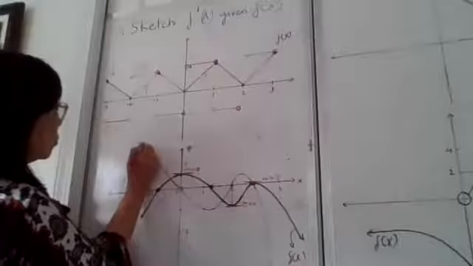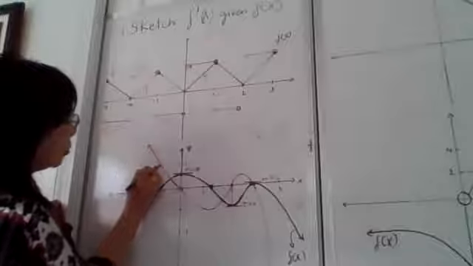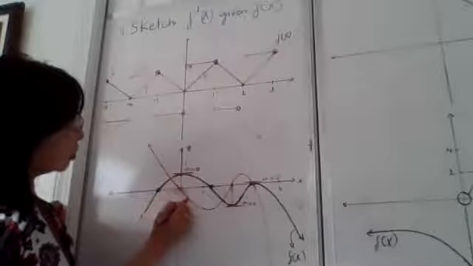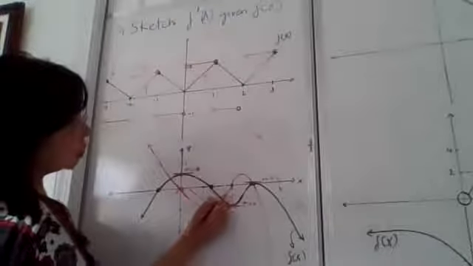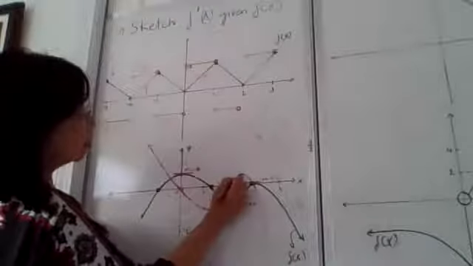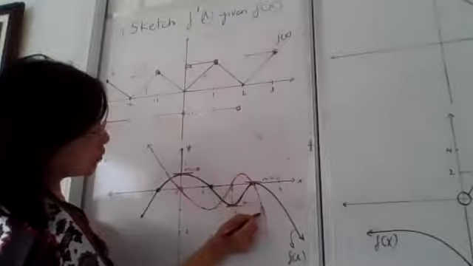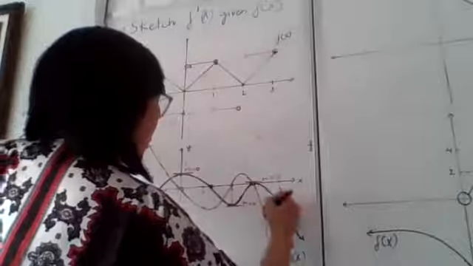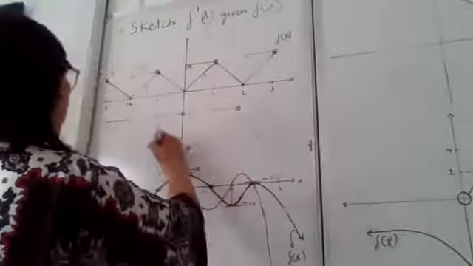So I'm going to sketch it again to make it look a little bit nicer. The red color, I don't know if you can see it on the computer, is the derivative function. And the black one is the function. So this is the shape of our derivative sketch. So I'm going to mark here.